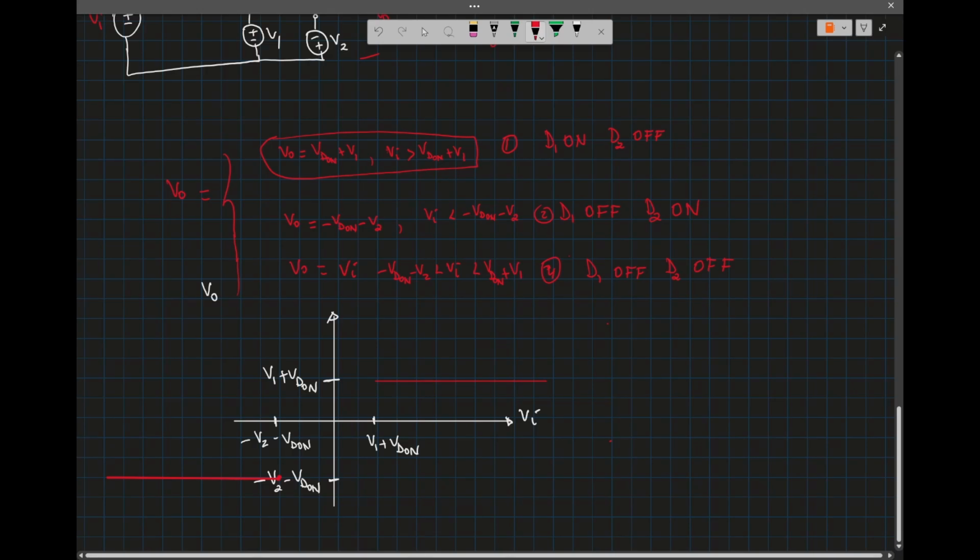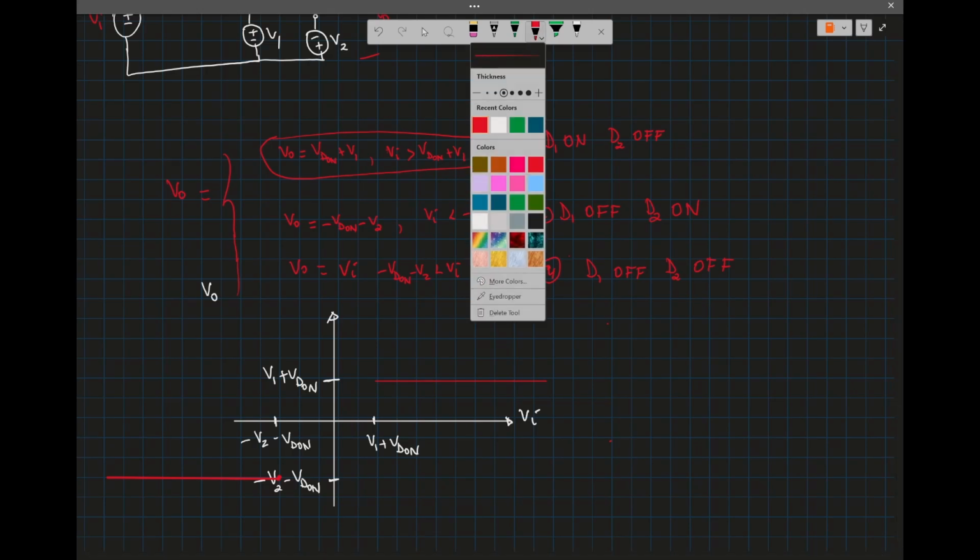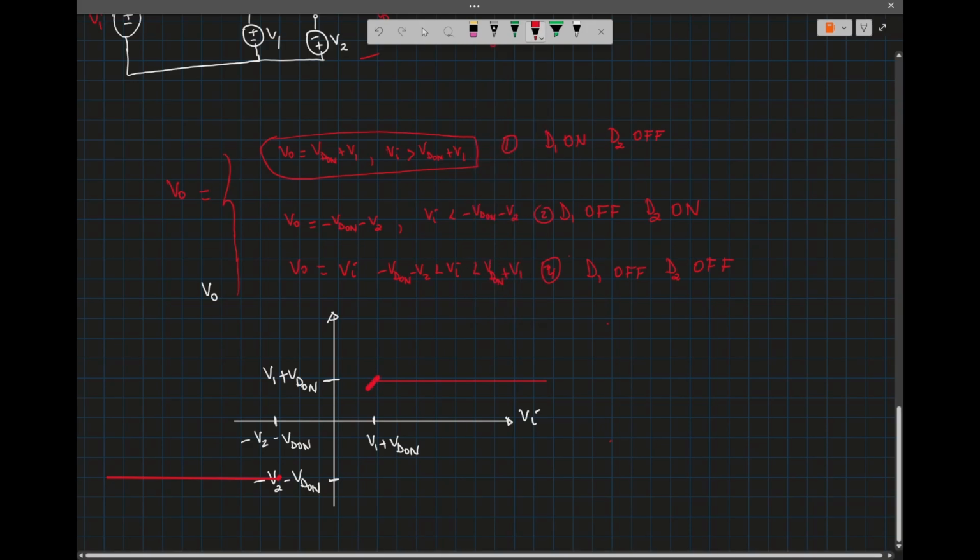That will be equal to 1, so slope 1. When I sketch it, it'll look like this.